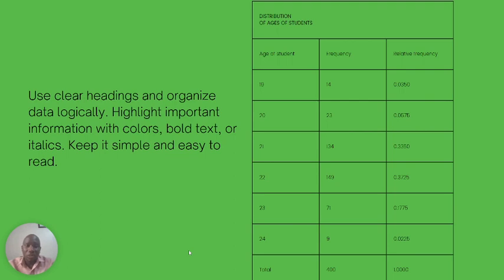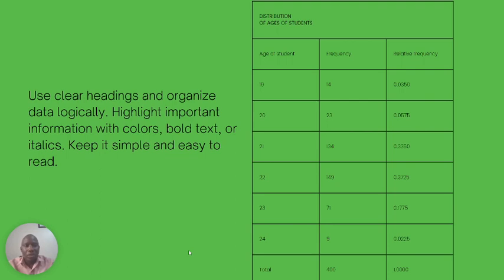That logical order is very important, it makes it very easy to read. And also, if there are key figures or values that are outstanding that you want the reader to pay attention to, you can highlight them or change the color a little bit, but don't overuse the colors in your tables.